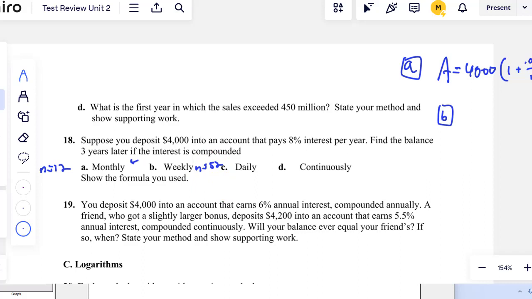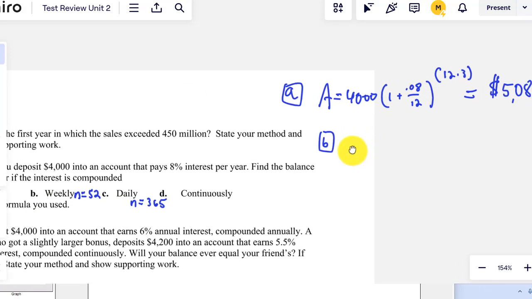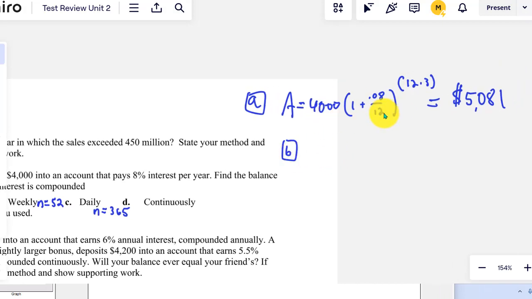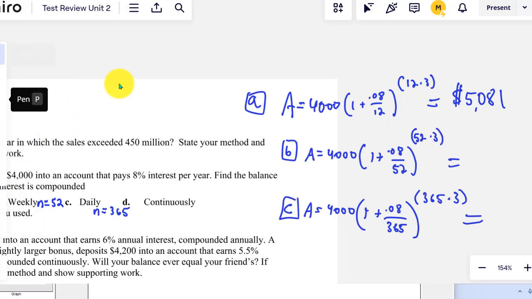So I rewrote that. Monthly n equals 12, weekly n equals 52, daily n equals 365. So to answer letters B and C, we're just going to use the same equation except change the value for n.